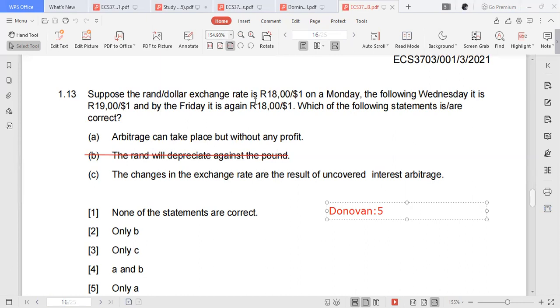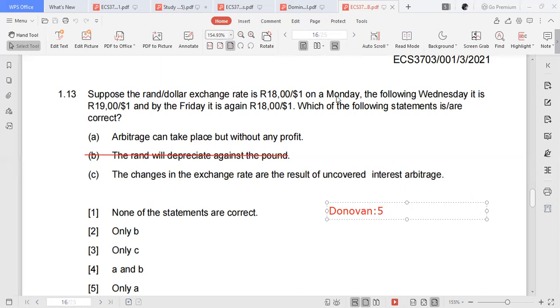Anyone who is supporting or who is going against Donovan? I'll go against Donovan. I will say option 1, none of the above. None of the statements is correct. Why? The why part is very important. I'm going back a little bit because I've been mixing the two. I'm doing trade on the one side and finance on the other side. With uncovered, Ralph, I'll have to come back to you about that.